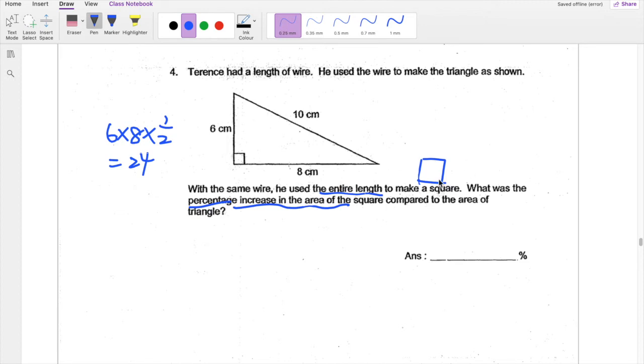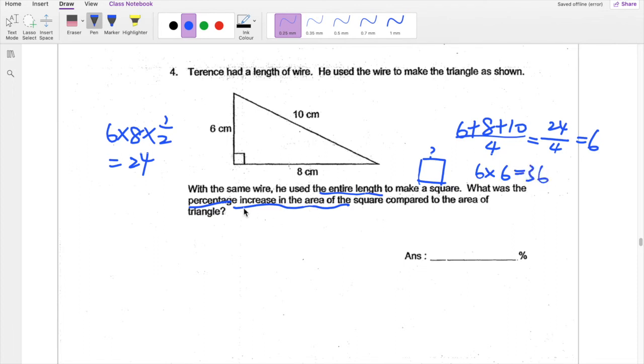Well, we know that the square is made by the same wall, so the perimeter is the same. Then we can calculate how long each side is: 6 plus 8 plus 10 divided by 4. This is 24 divided by 4, which is 6. So the area here is 6 times 6, which is 36.